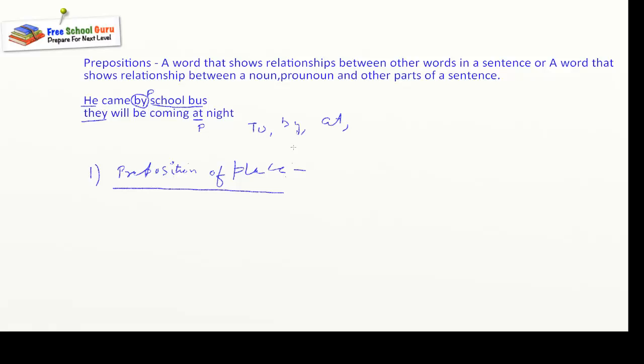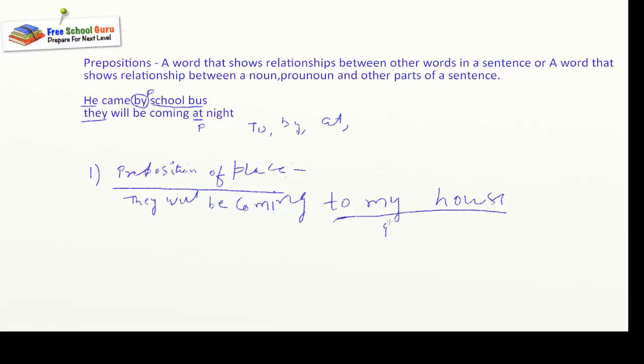So if I say, they will be coming to my house, the preposition of place here is to my house.